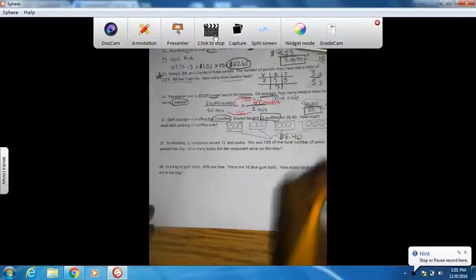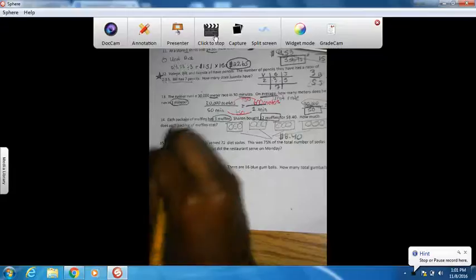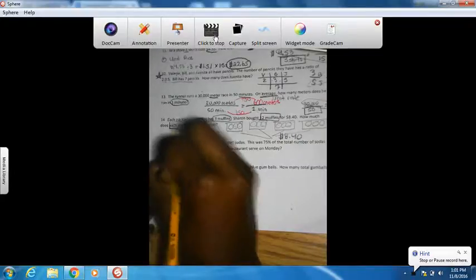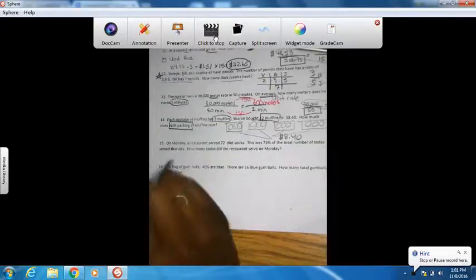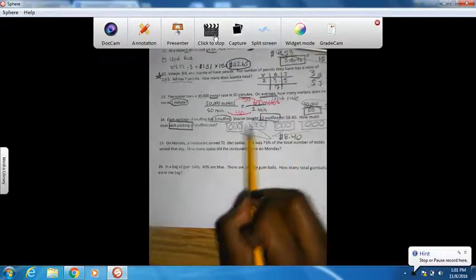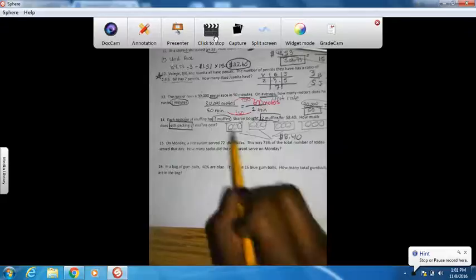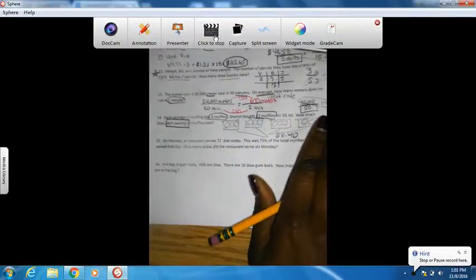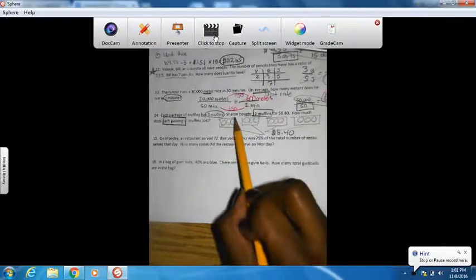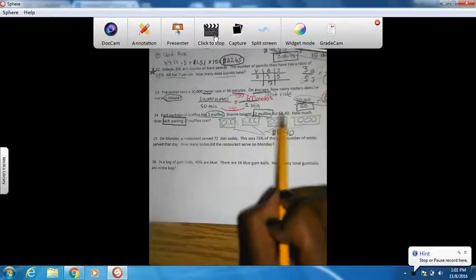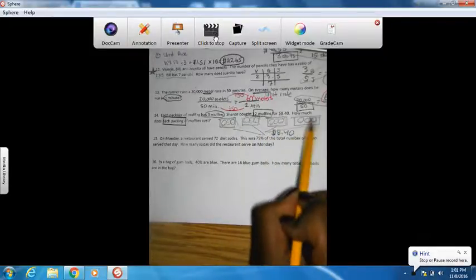Now the question is asking, how much does each packaging of muffins cost? It's not asking us how much each muffin costs. We're talking about the packaging. And now, because I drew a picture, I can see that there are 4 packs.